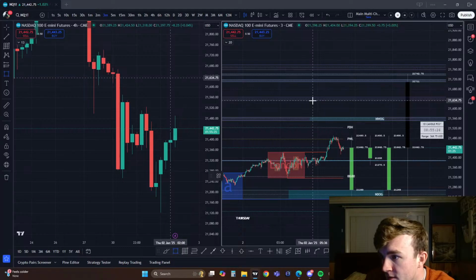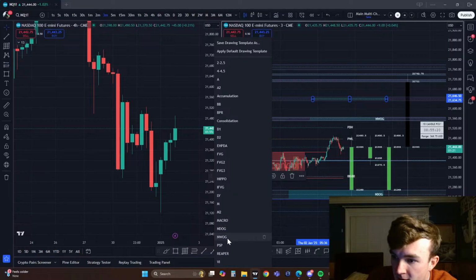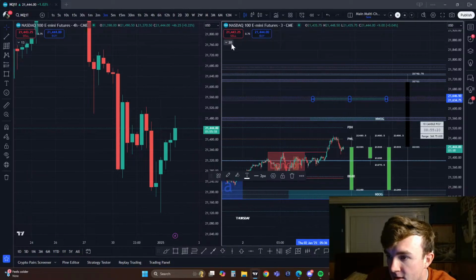We got another new weak opening gap right here. And those are all the ones that I'll keep on the chart, and then I'll get rid of everything else.